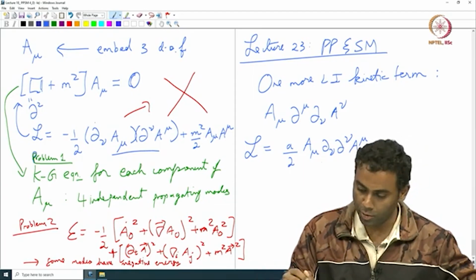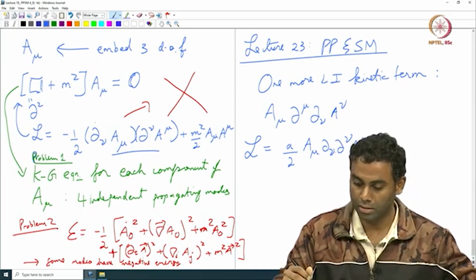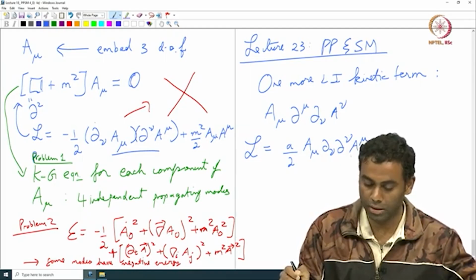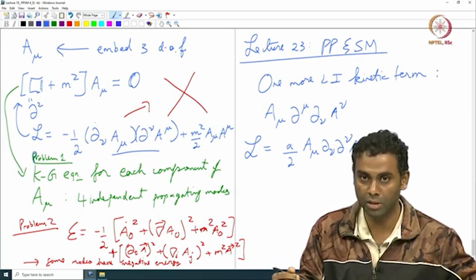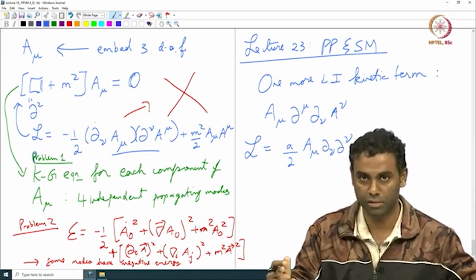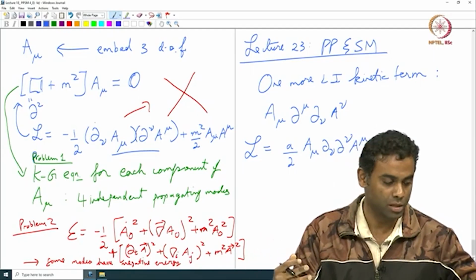Notice that I have rearranged the order of the field and the derivative, correct. That is totally possible because I can do integration by parts and then I will end up with a total derivative term which vanishes on the surface in the action, correct. We have been doing this all the time, correct, even in classical mechanics. So that is what I am doing here.